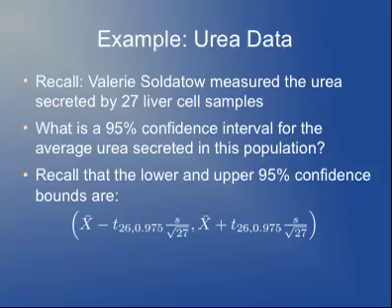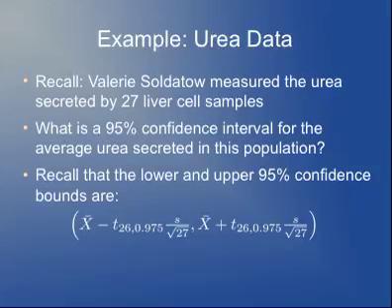But that aside, she wanted to know the average urea secreted by her liver cell samples and a 95% confidence interval for the average urea secreted. I was going to put this data set on Sakai if anybody wanted to try it, but I forgot. I'll do that when I get back to my office.